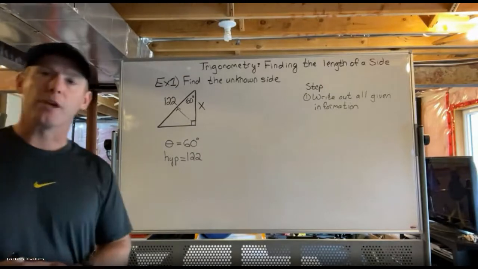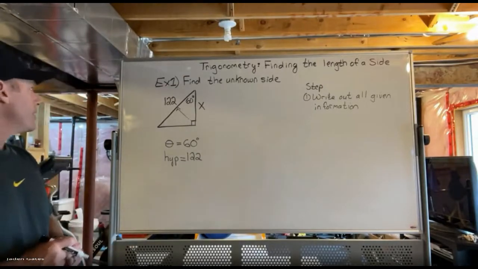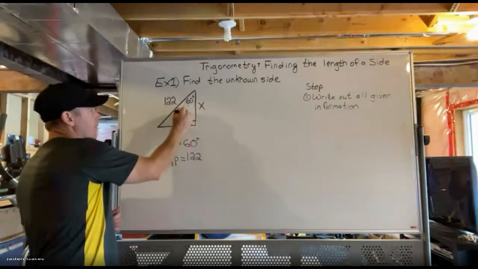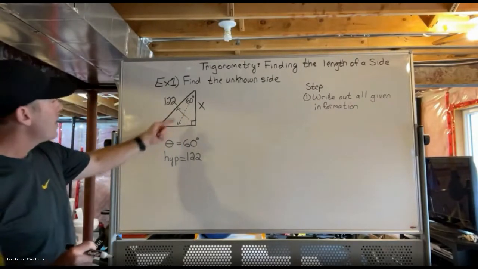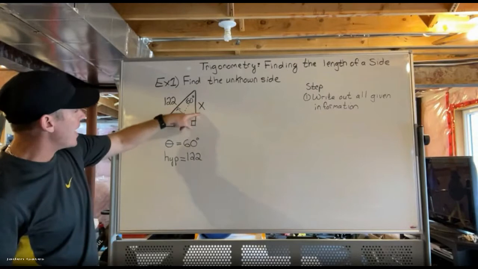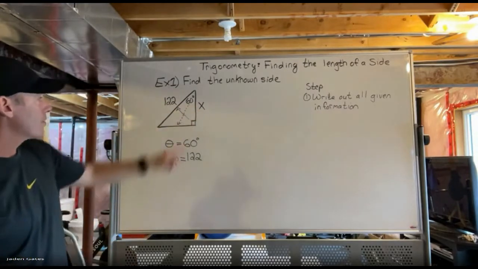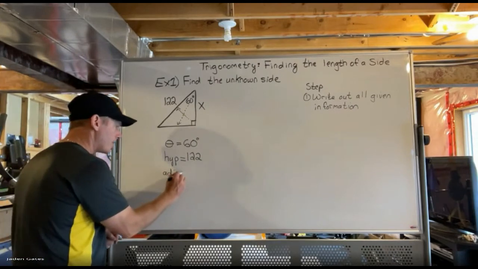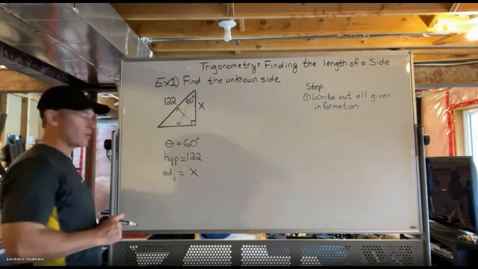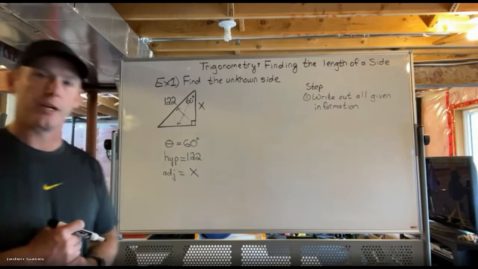Now, I also have to figure out which side is x. Across from the angle theta is our opposite. Well, we don't have it. The side beside our angle is our adjacent. That is x. So I'm going to write down the adjacent is side x. So it looks like we're finding the adjacent on this triangle.